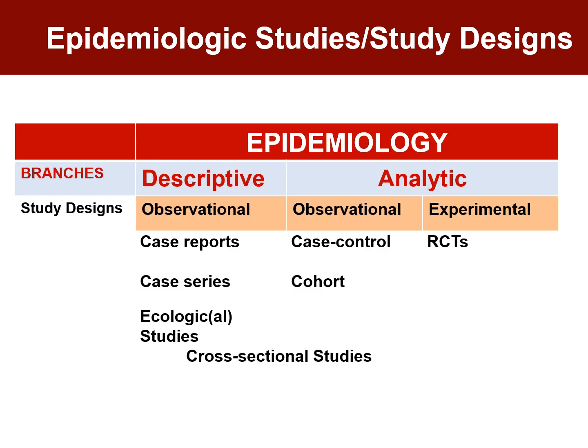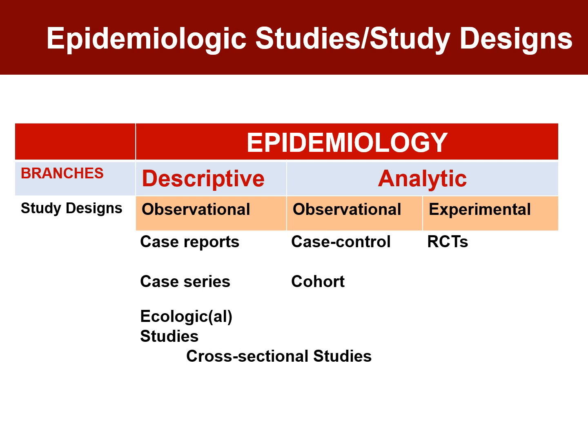Here's another way I try to put it. Hopefully this might help some people, because I know some people are more visual. You can see that the top line shows the branches, right? You have descriptive and analytic. Then the second row shows you the different study designs, and I group them as observational and experimental.